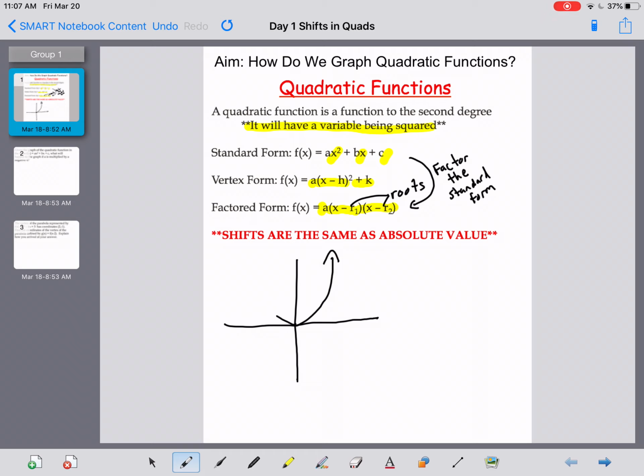So as an absolute value is a V shape, the graph of a quadratic function will be a U shape. And this graph is called a parabola. So that is the name of a quadratic graph. A quadratic function is a U shape and it is called a parabola.